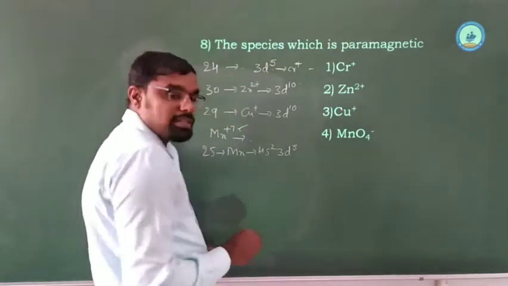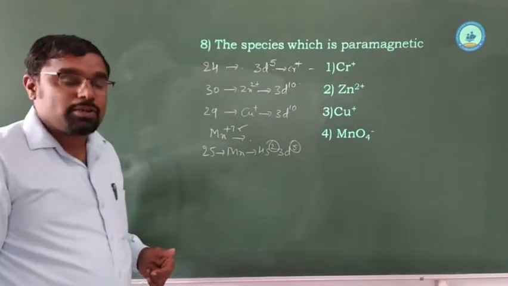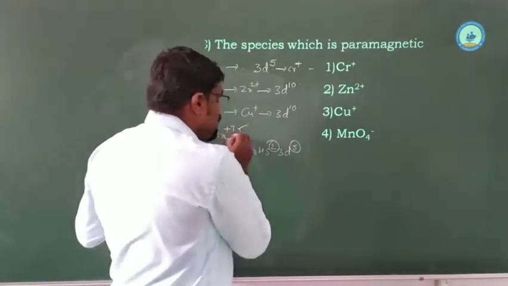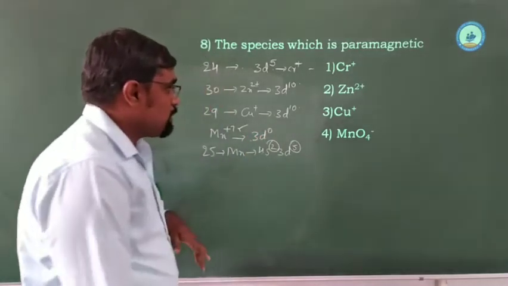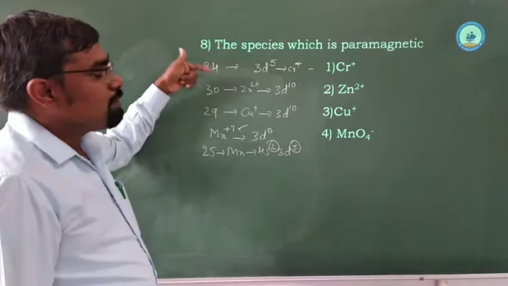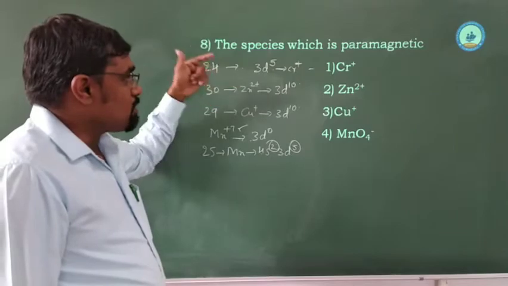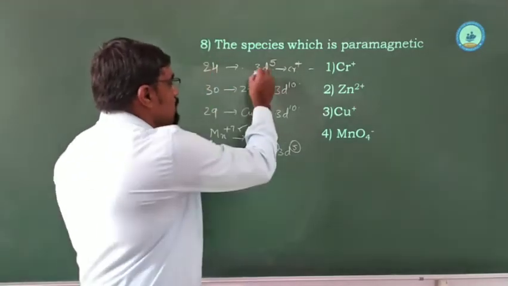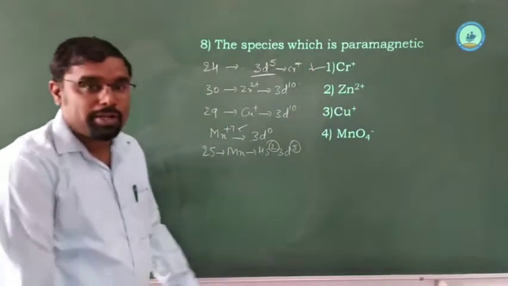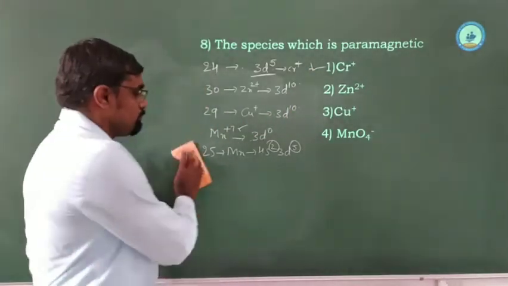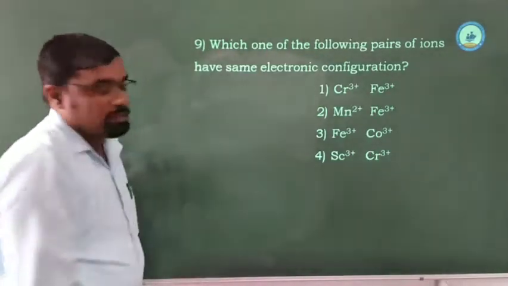For the +7 oxidation state, we remove these 5 plus 2, 7 electrons. So in Mn +7, there is no electron present in the d orbital. Paramagnetic behavior means the element must have free unpaired electrons in d orbitals. Where is the unpaired electron present? In chromium. So then the answer is okay. These are very easy questions, students.